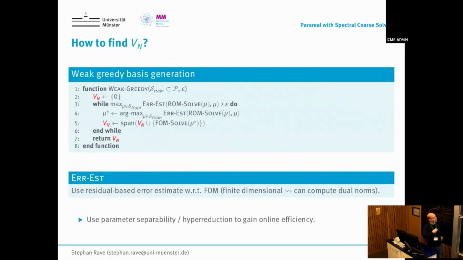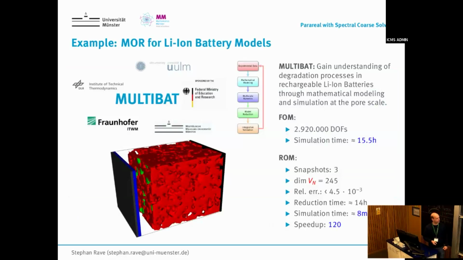Then we estimate the model order reduction error with a cheaply evaluable error estimator, select the parameter for which the error is the largest, compute a full order model solution snapshot, put it in the reduced space, and rinse and repeat until we've converged. So there's more to the story, of course, but here is some real world application.